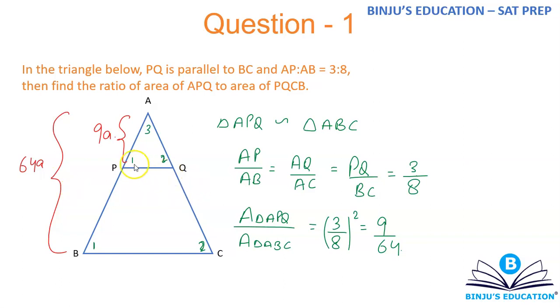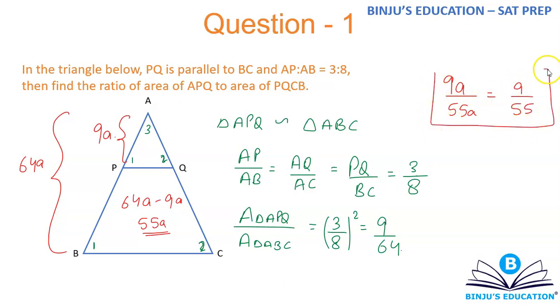That also means the area of this quadrilateral part, PQCB, will simply be 64A minus 9A, which is 55A. Now what's the question? You need to find the ratio of the area of APQ to PQCB. So APQ is 9A to PQCB, that is 55A, and your answer simply becomes 9/55.